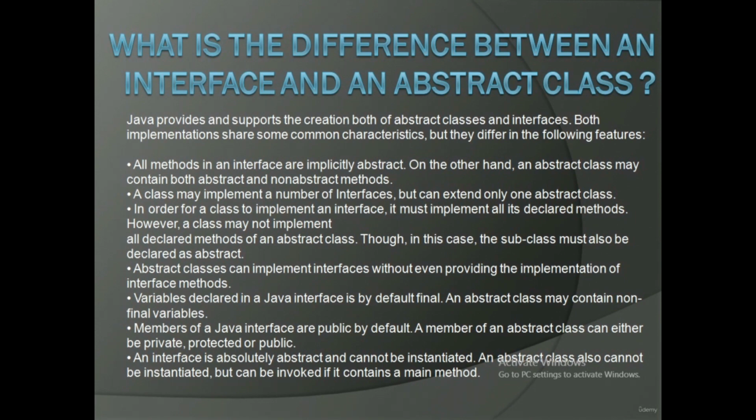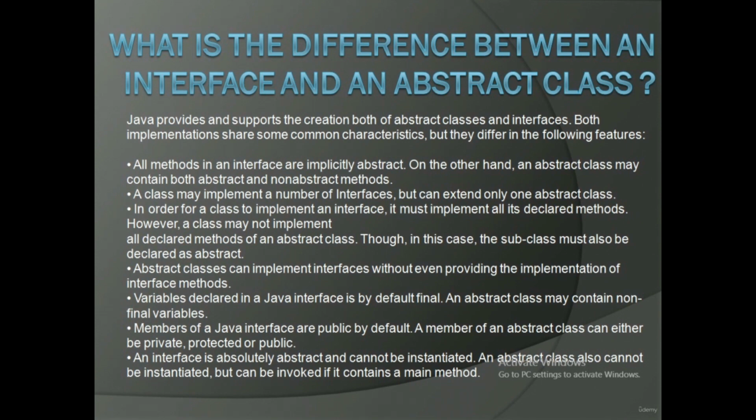All methods in an interface are implicitly abstract. On the other hand, an abstract class may contain both abstract and non-abstract methods. A class may implement a number of interfaces, but can extend only one abstract class. In order for a class to implement an interface, it must implement all its declared methods.